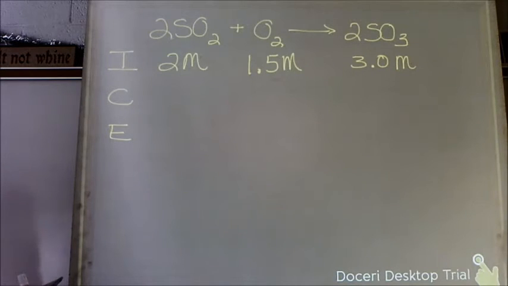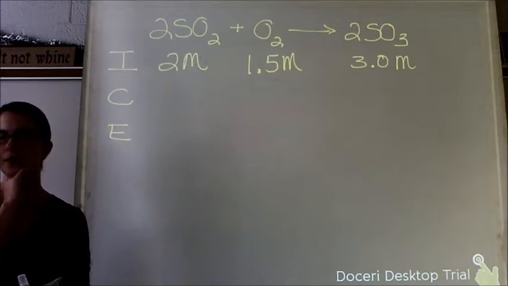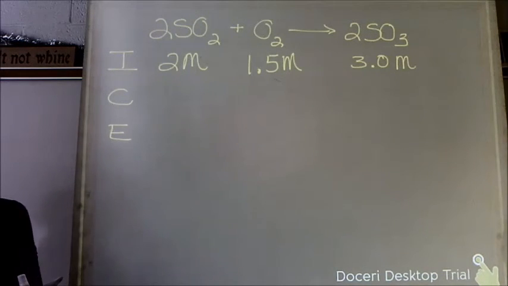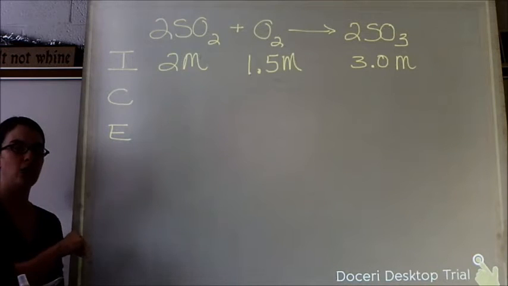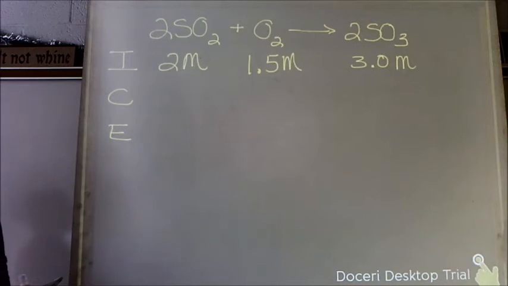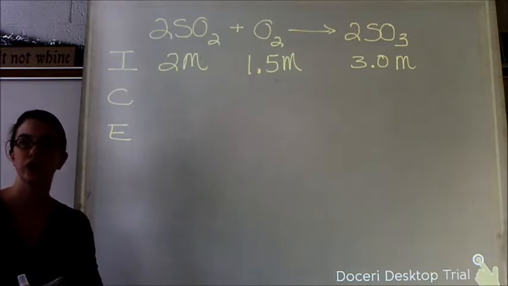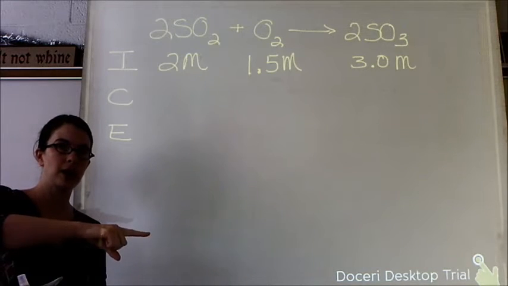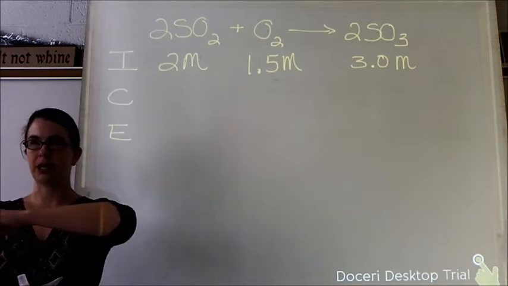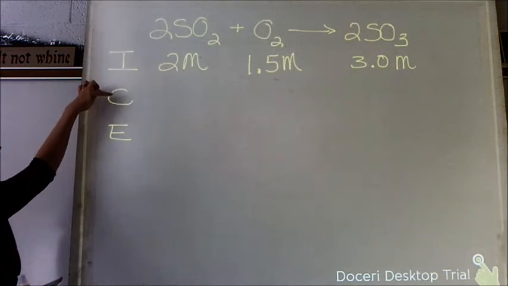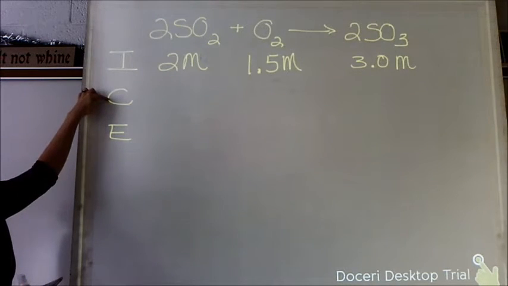The next thing I need to think about is how are these values going to change? And in order to figure that out, we have to figure out, is this reaction, to get to equilibrium, going to shift this way or this way? Because that is going to affect what I write on this line.